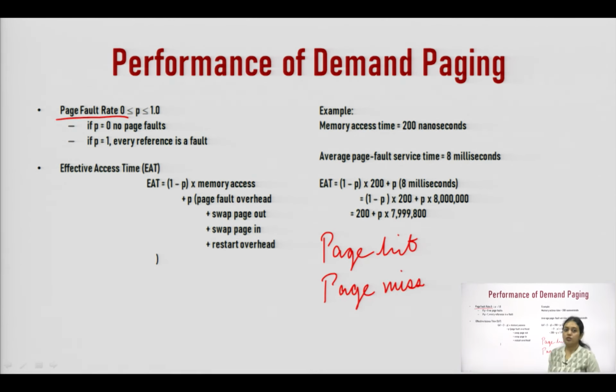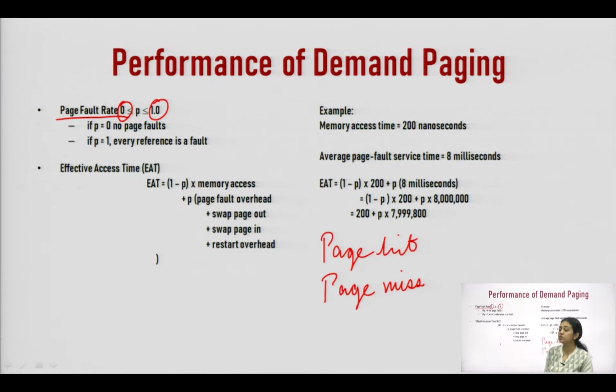So, about the values 0 and 1: if there is no page fault at all, that means every time we refer to a page we get it in memory, then the page fault rate is 0.